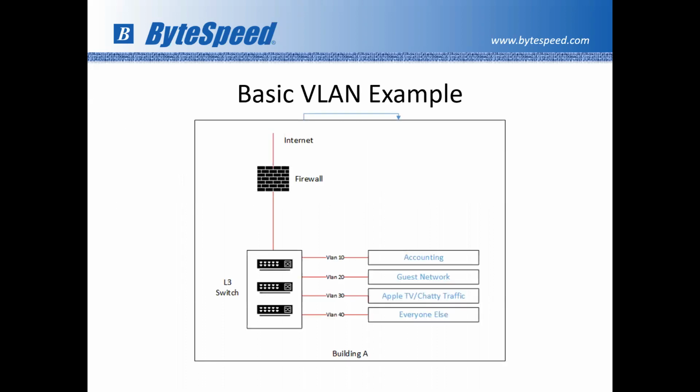So pretty basic example here. We have 4 VLANs. And again, VLAN IDs are 1 through 4096. We have an accounting VLAN, a guest network, an Apple TV/chatty traffic, and pretty much everything else, so just kind of like a data VLAN.